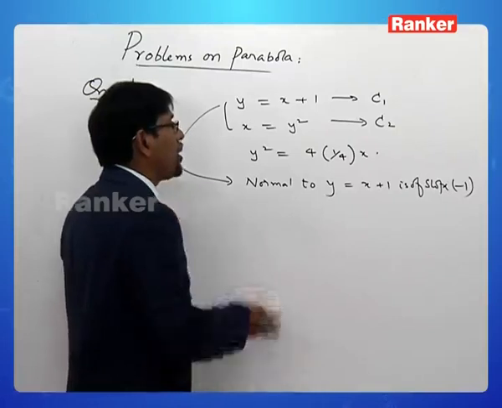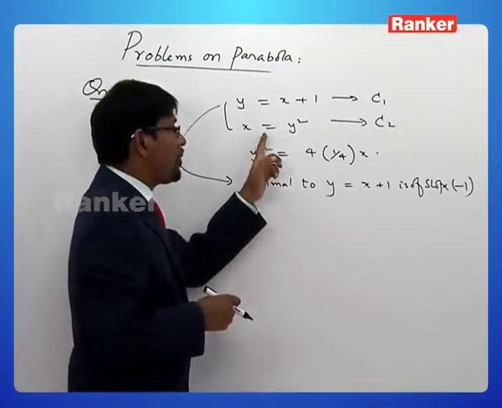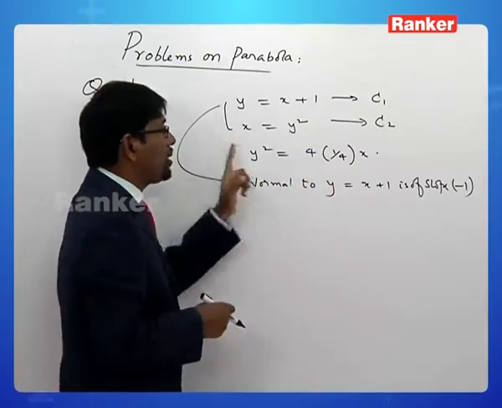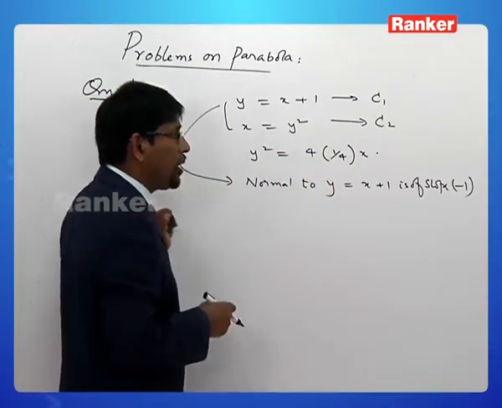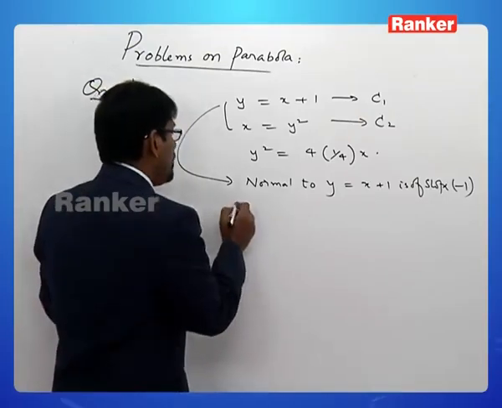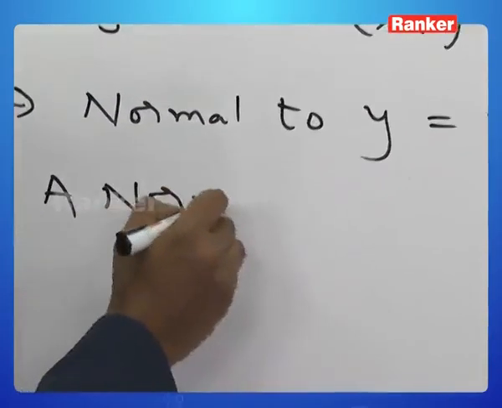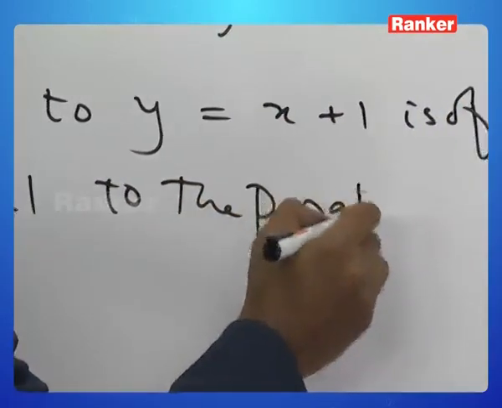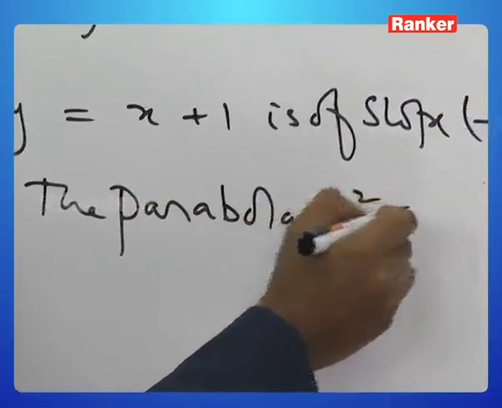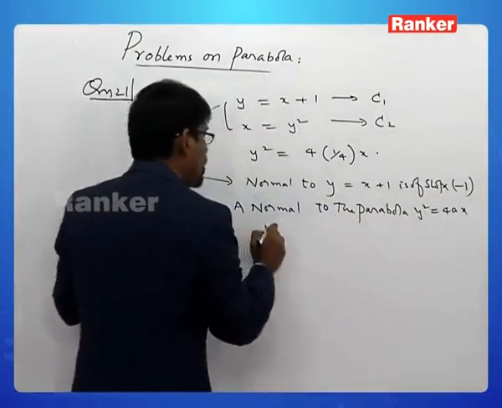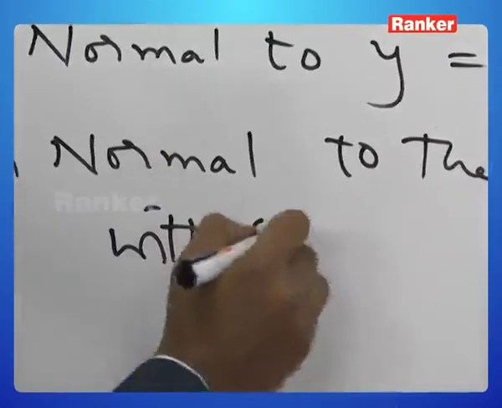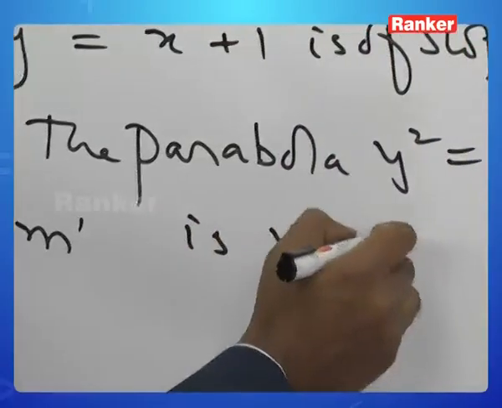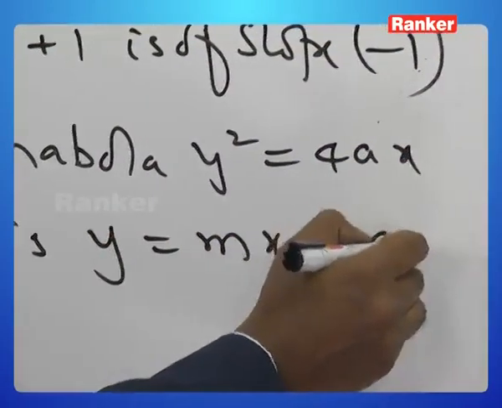Now we will write the equation of the normal to the parabola y square equal to 4ax with slope minus 1. The normal to the parabola y square equal to 4ax with slope m is given by y equal to mx minus 2am minus am cube.